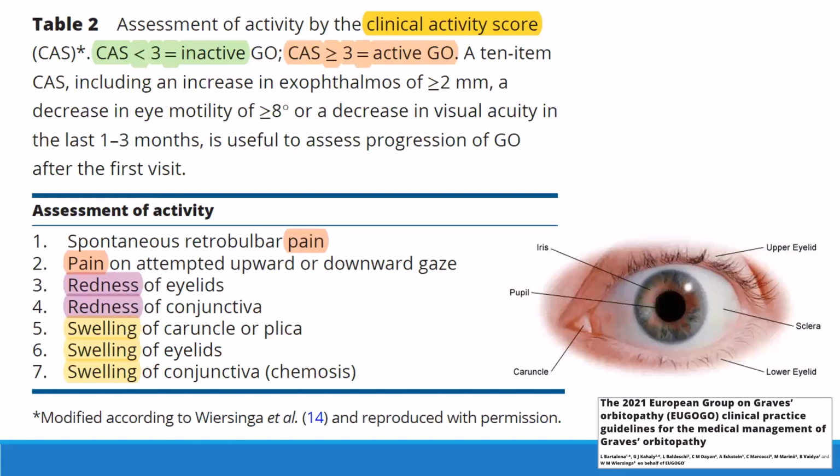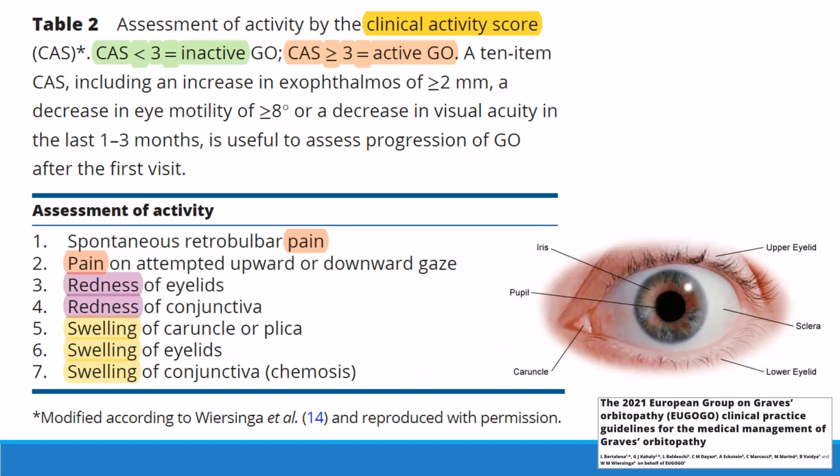Also, this is a very important tool to assess Graves' orbitopathy, which is known as the clinical activity score. How to manage Graves' orbitopathy regarding the clinical activity score and severity. The clinical activity score is 7 points, and each item contains 1 point. If this score is 3 or more, this is active Graves' orbitopathy.